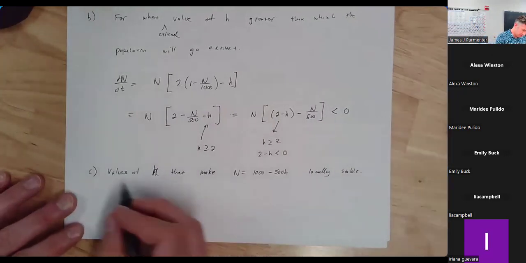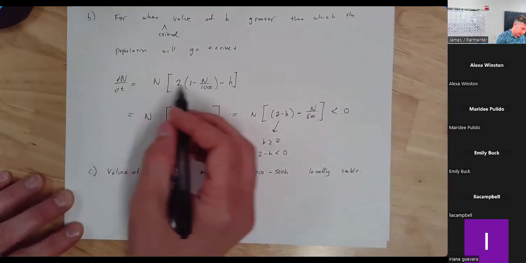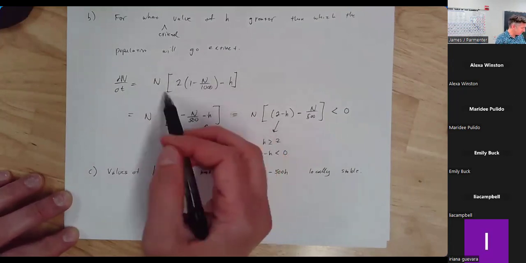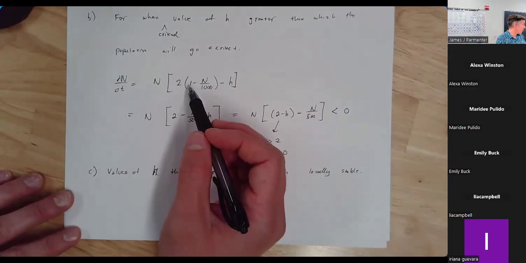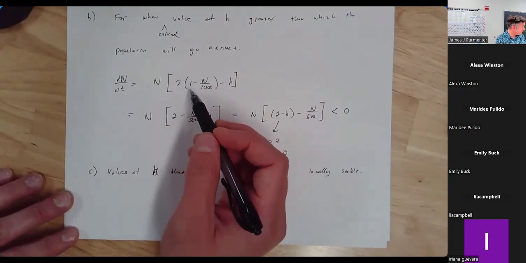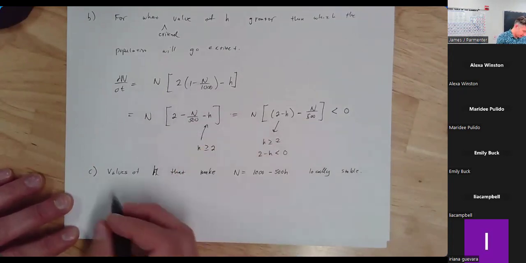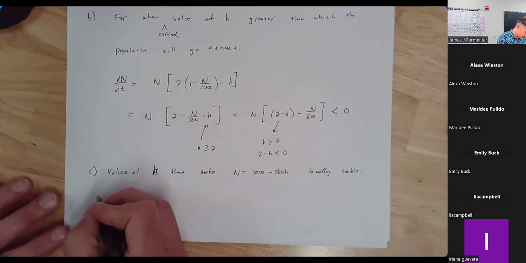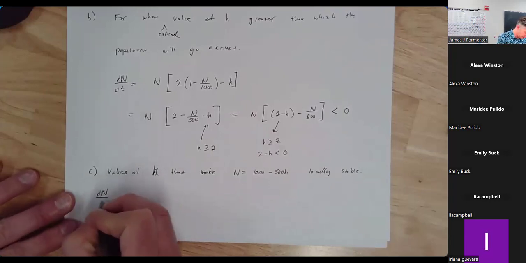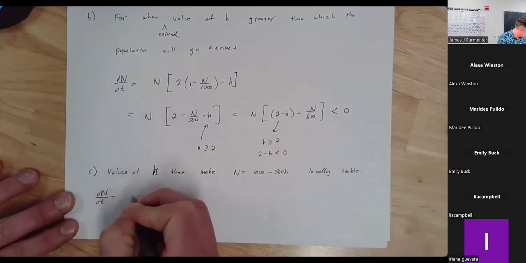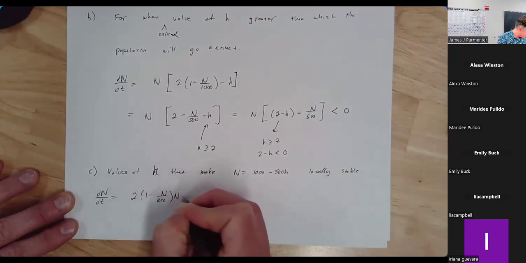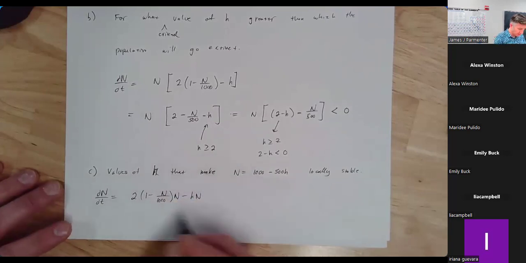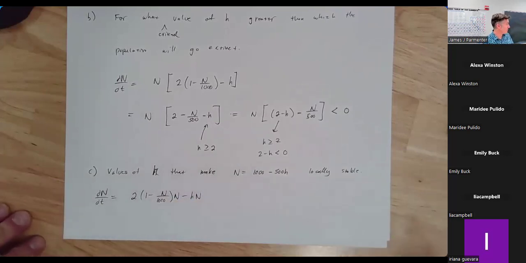Looking at this, this is not the version I want to take the derivative of. I don't want to have to use the product rule if I can help it. So I'm going to go back to the original version, where my dn dt with my values plugged in is 2 times 1 minus n over 1,000 times n minus h times n. I'm going to multiply this out before I do anything else.